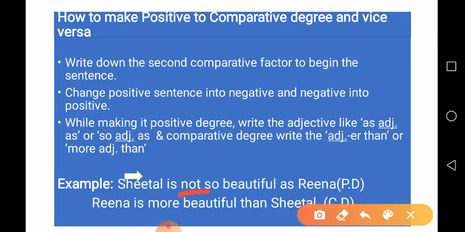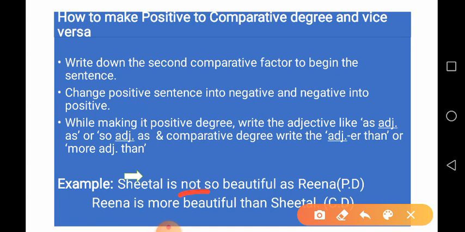Okay? If it is a positive sentence, make it negative, and if negative sentence, make it positive, because we are changing the places of objects. Okay? Because the second object is taken first.